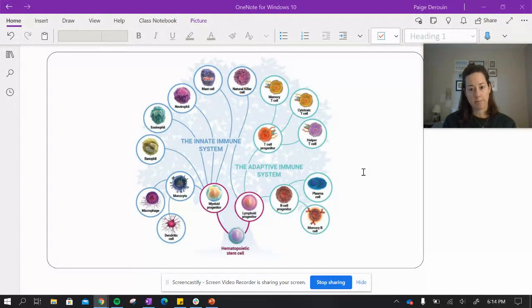You have different types of each of those. For the B cells, the plasma cells are what's going to actually be secreting the antibodies. And then the memory cells are going to be responsible for remembering that pathogen and remembering what antibodies to use. For T cells, you have memory ones that are going to, again, be responsible for remembering that certain pathogen.